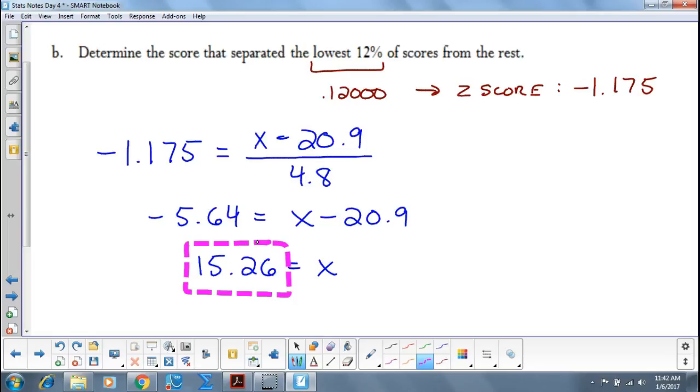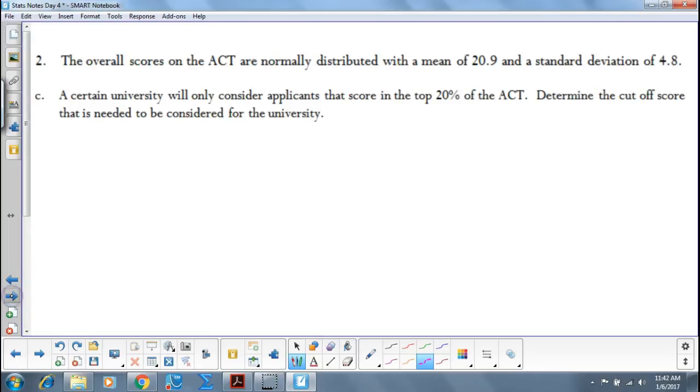Part C. A certain university will only consider applicants that score in the top 20% of the ACT. So the top 20% means the 80th percentile, or 0.80000, right?